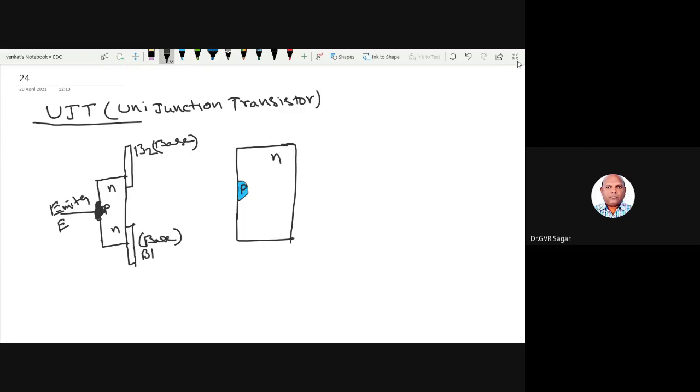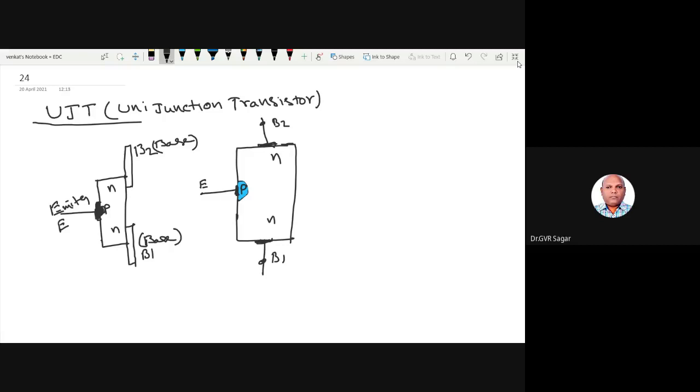And this is the N bar, and rods are taken out here. This is called base 2 and this is base 1. Like this you can also show the construction diagram. A small aluminum rod is taken out here, which is represented as the emitter. So it is a three-terminal device with only P and N layers.